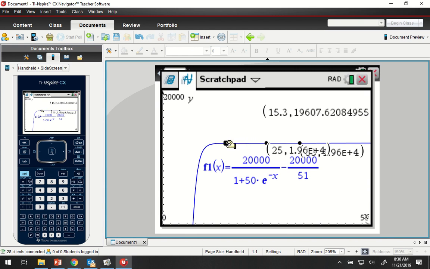If you notice, it's slightly going up now. Barely going up, but it's 19,607, right? Keep going. So it looks like it should be maxing out about 19,607. The decimals keep going, so there is no actual maximum.